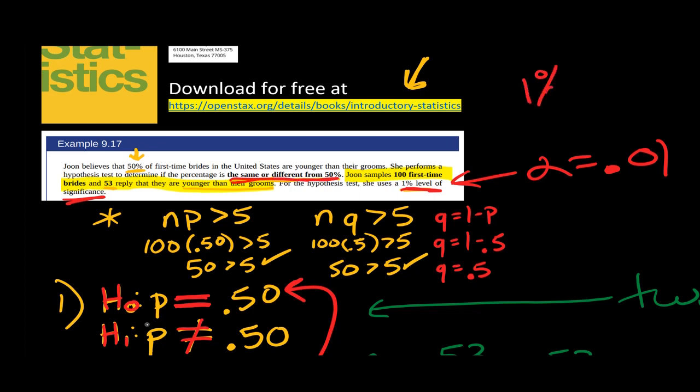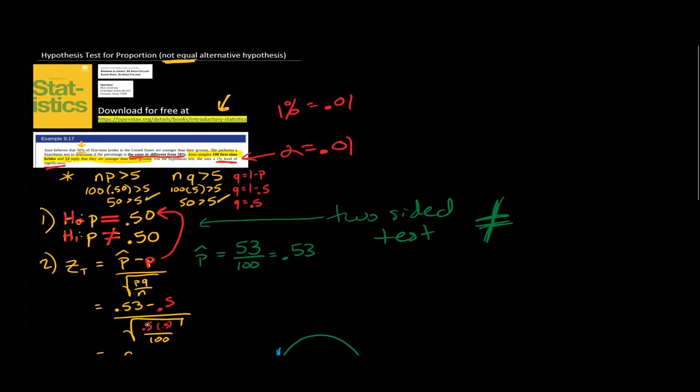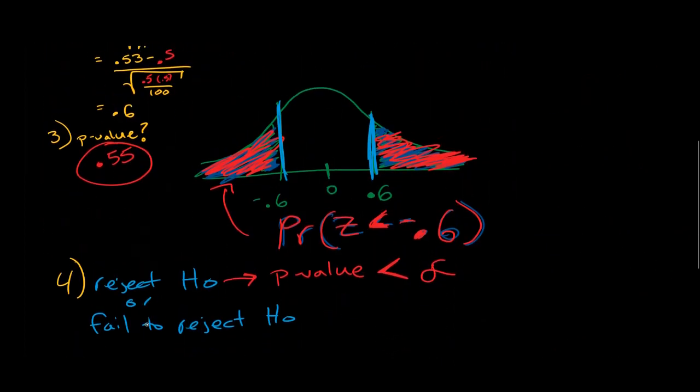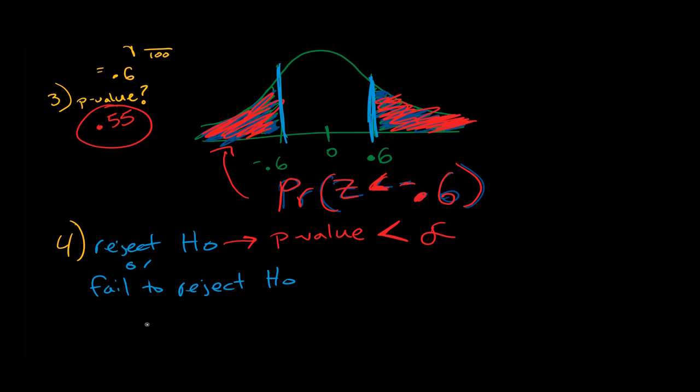So 1% equals 0.01. Okay, so change the percentage over to a decimal. So if the p-value is less than alpha, we reject the null hypothesis. However, we fail to reject the null hypothesis in general if the p-value is more than alpha. Okay, so you have those two choices.